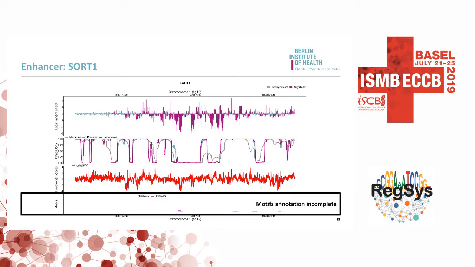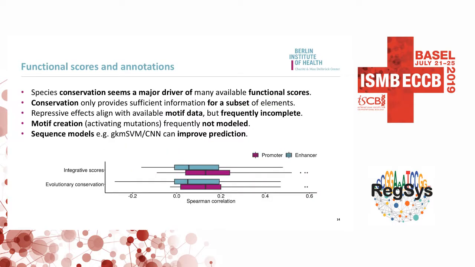And so it also learns some motifs that are not present, of course, in all the databases, because they're really, again, incomplete. All right, so for these functional scores, conservation is one of the major drivers, but it does not work for all of these elements.